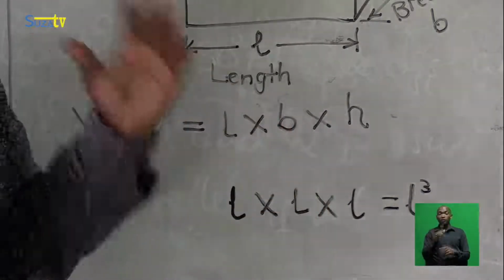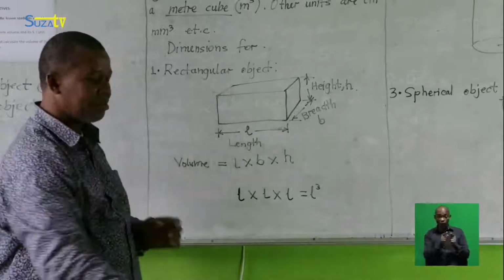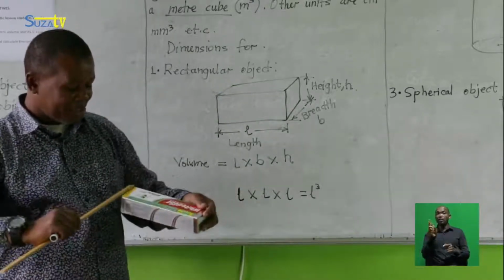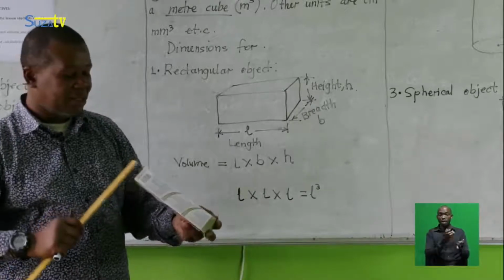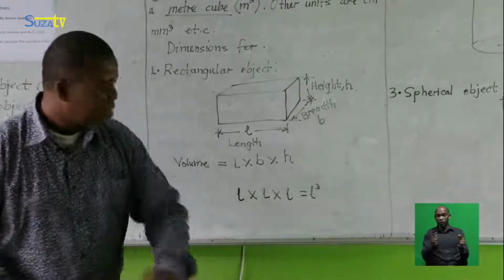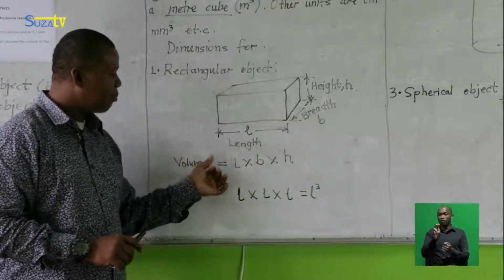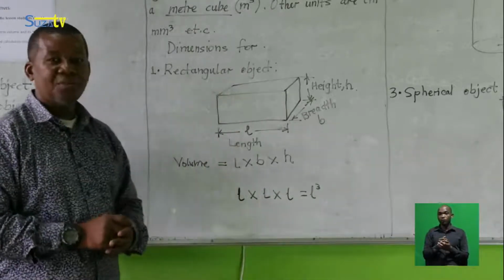So if we know the length of the rectangular object, then measure the breadth, then the height, lastly, we can find out the volume of the rectangular object.